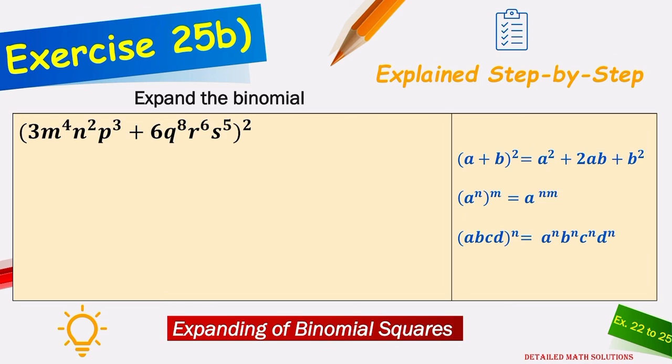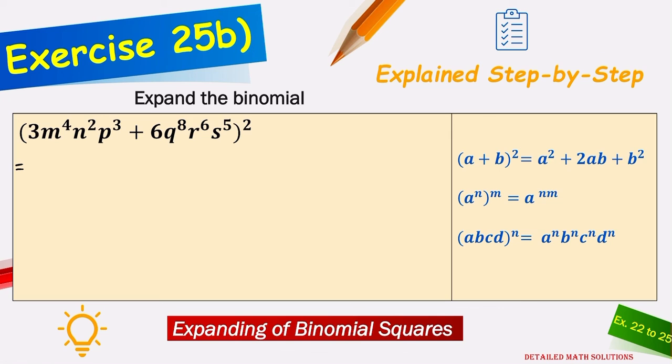And then we have one last exercise to complete. (3m^4 n^2 p^3 + 6q^8 r^6 s^5) squared. This equals, again we apply our formula, distribute the exponents, and follow absolutely the same steps that we followed so far.